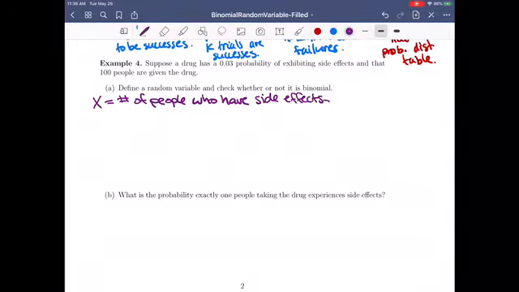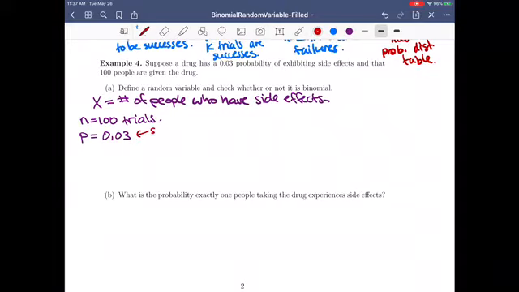That means my number of trials is the number of people, so n equals 100 trials. Each mini experiment is giving the drug to each person. The probability of success here, which is actually having side effects, is 0.03, and this is the same for each person.